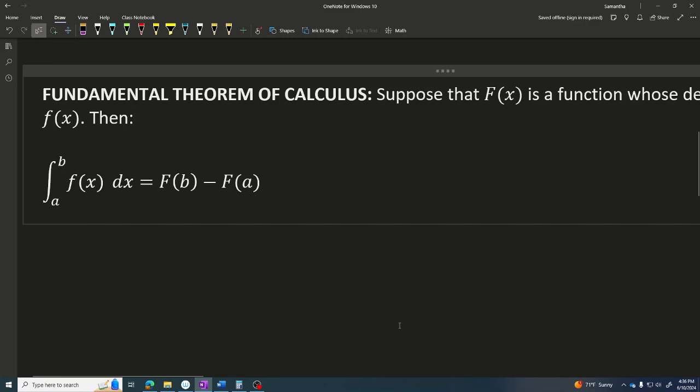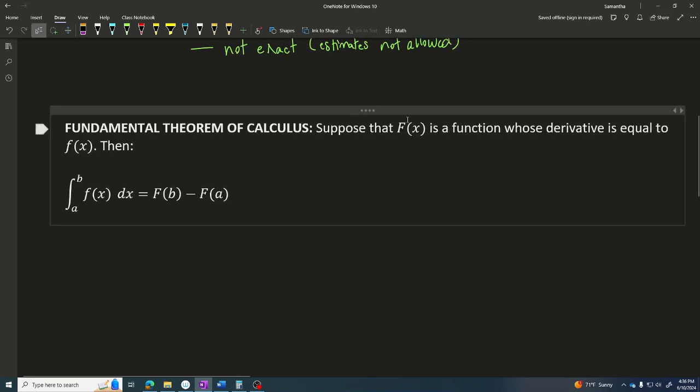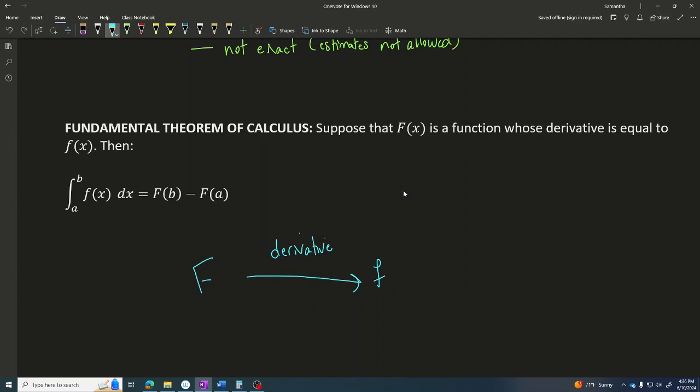The only requirement on this function capital F is that it has to be a function whose derivative is equal to f of x. The lowercase f in your integral is what's equal to the derivative of capital F. In other words, capital F is the derivative backwards, the opposite of the derivative.